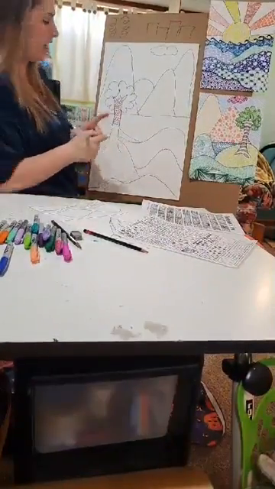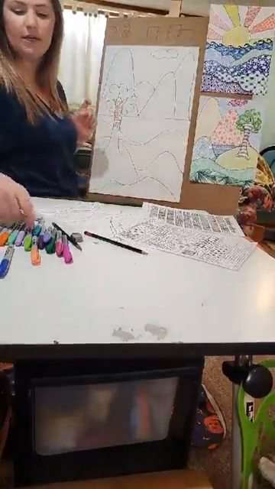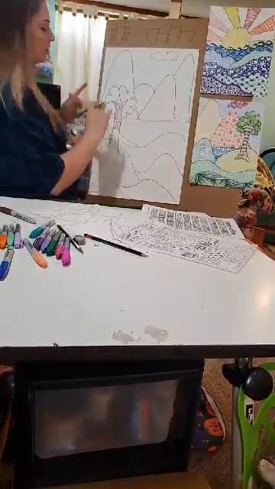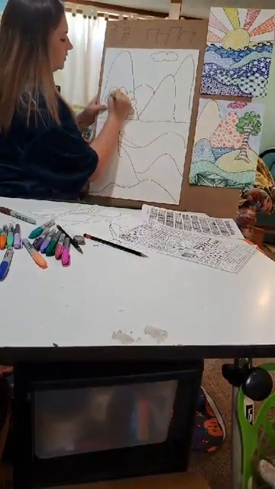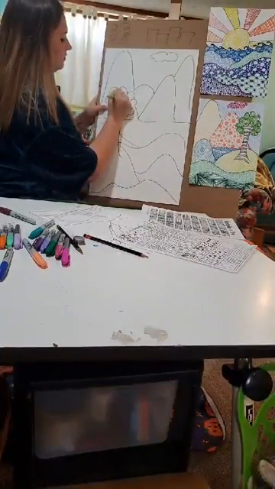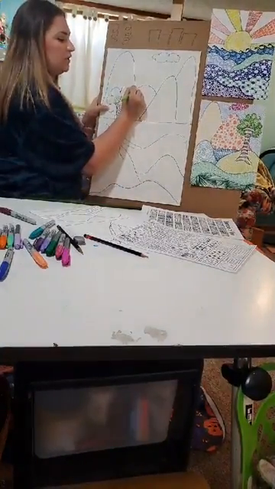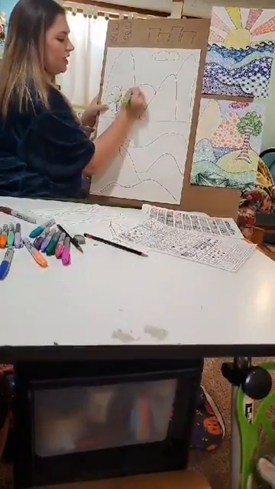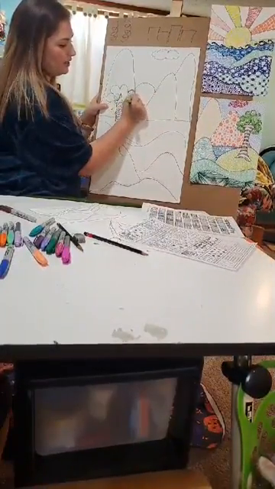And then let's say I'm going to add some leaves to my tree, and I'm going to use this nice bright green because I think this is kind of fun. And I'm going to do some sort of swirls. And I'm going to keep repeating them. And I'm going to try and fill in the whole space.